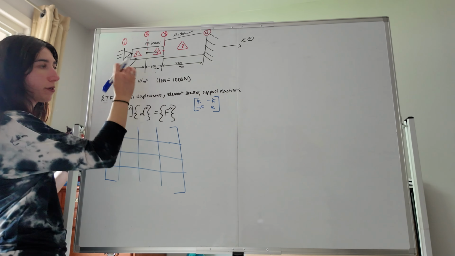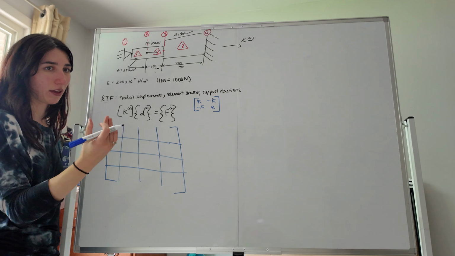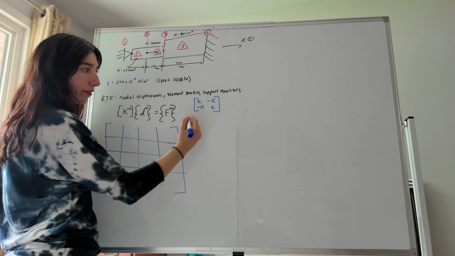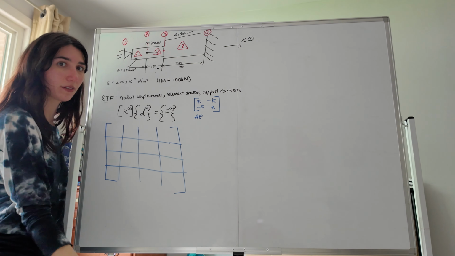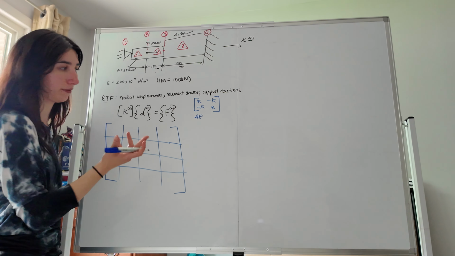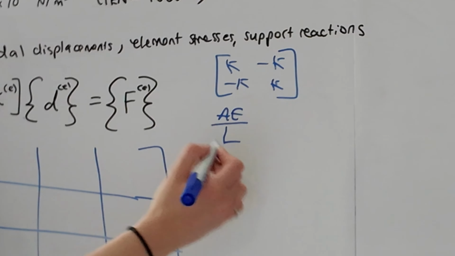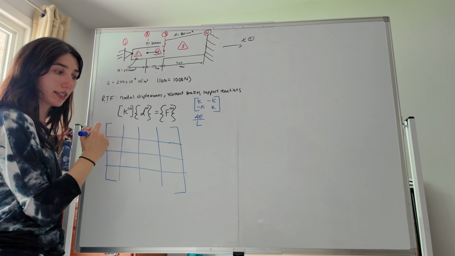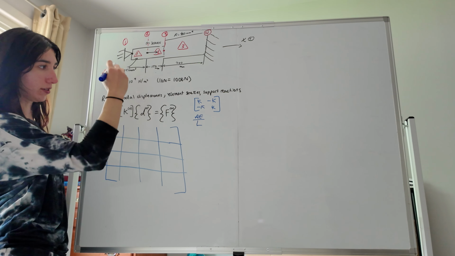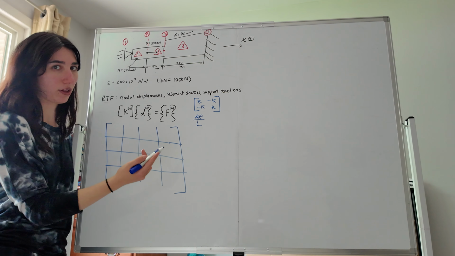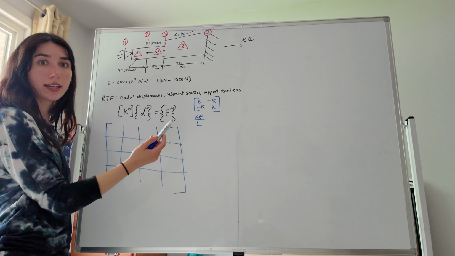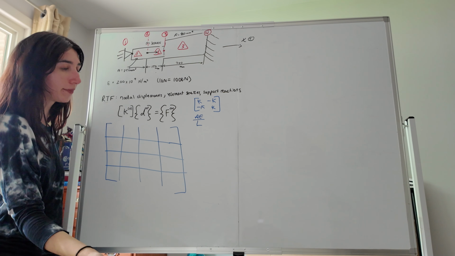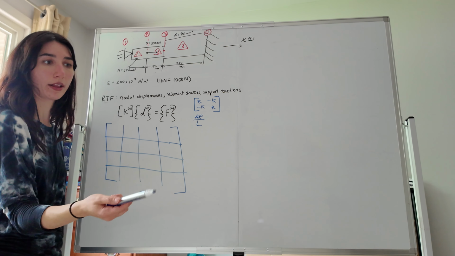Now, when we're approaching bars, they themselves are treated like springs, but rather than K, their stiffness is defined by the material properties of the bar. So AE over L is placed instead of K for bars, where A is the cross-sectional area of the bar, E is the Young's modulus of the bar, and L is the bar or element's length.